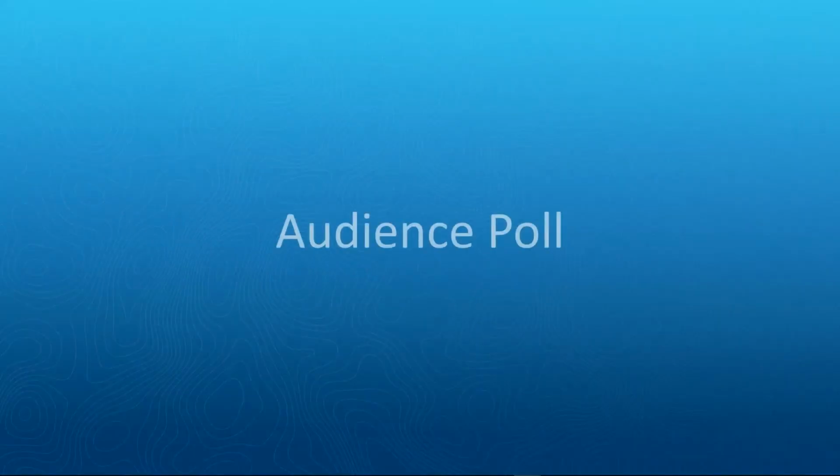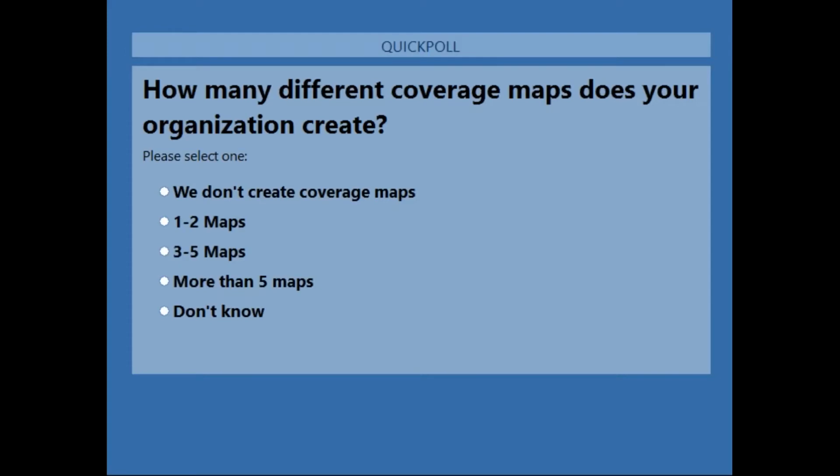Before we get started, what I'd like to do is first look at some poll questions. Let's get a little bit of an idea of the audience we have here. So we're going to bring you into the situation here, and we're going to ask you a couple questions here. How many different coverage maps does your organization create?